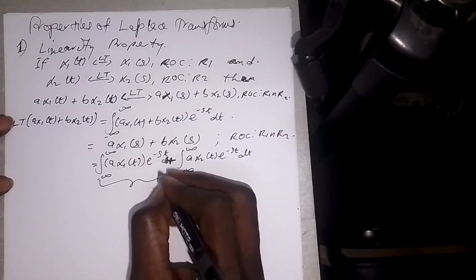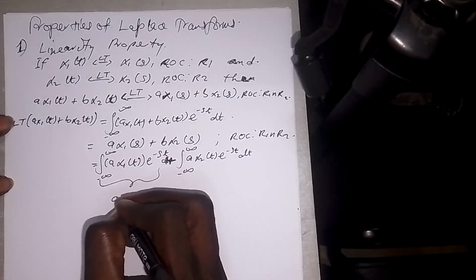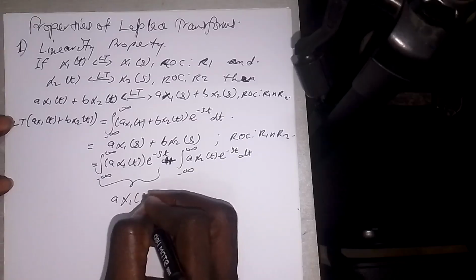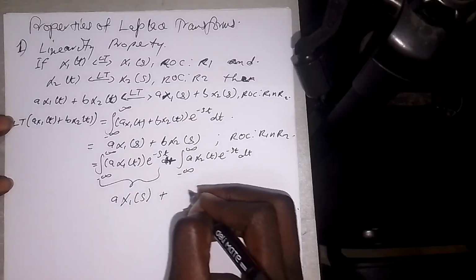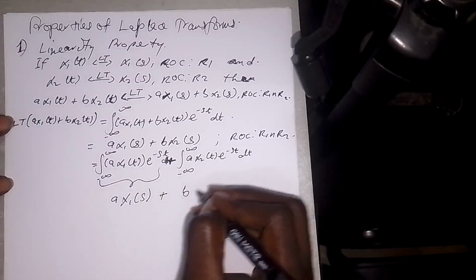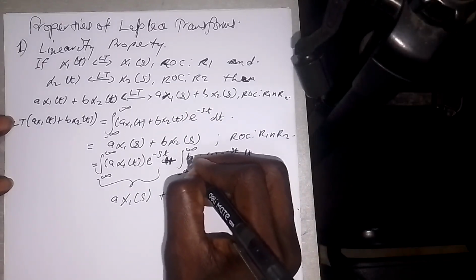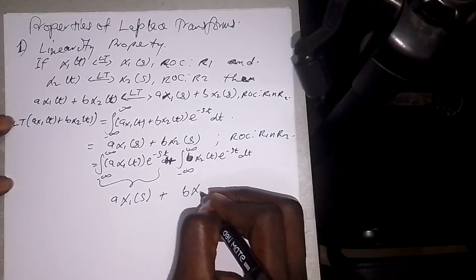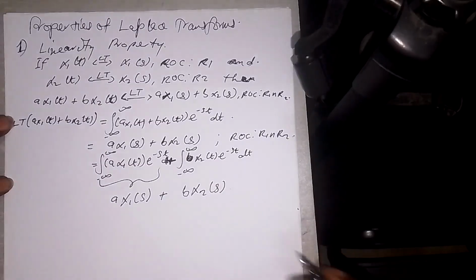So this place, what will it give me? It will give me a X1 of s. Here it will give me b X2 of s.